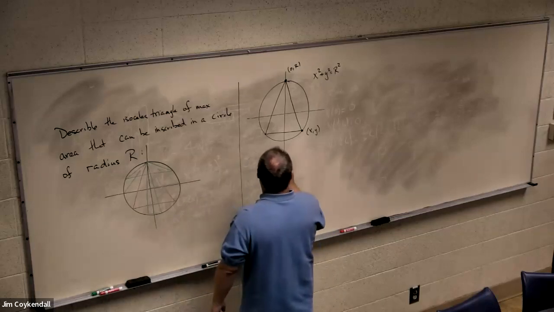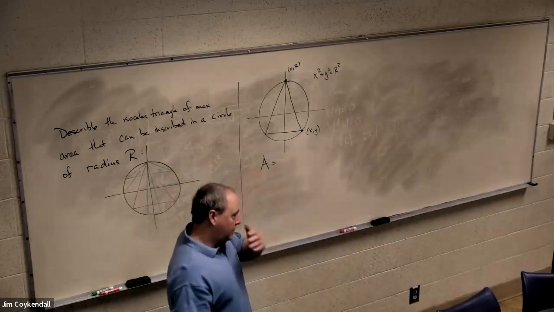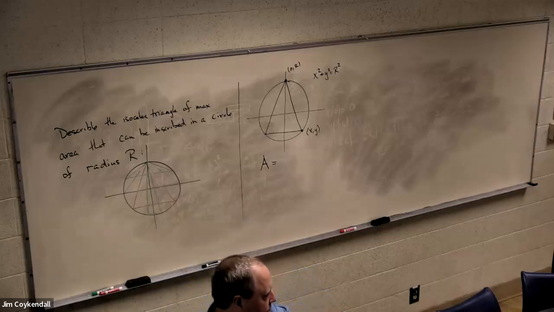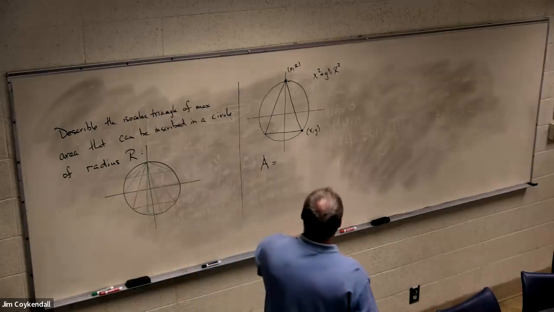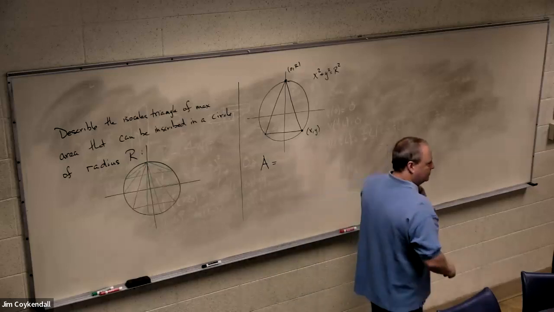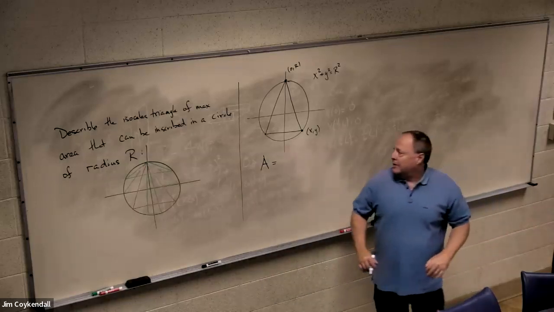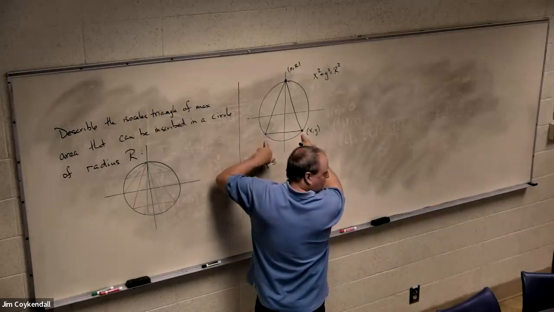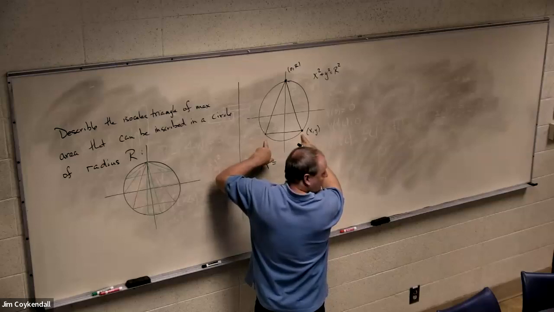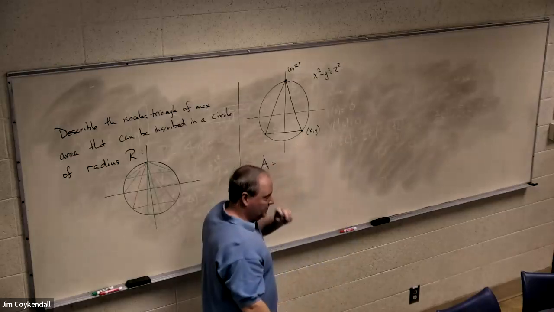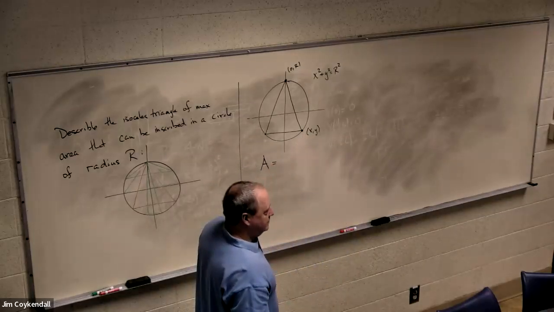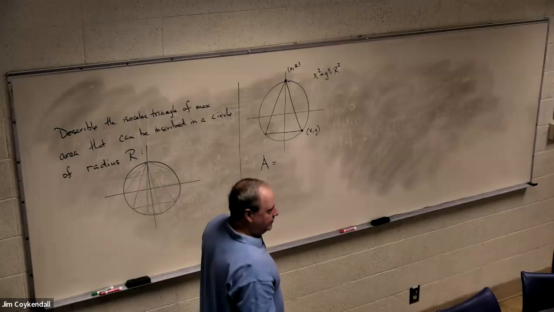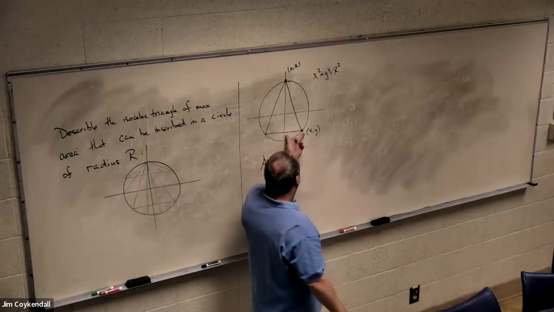And somebody give me a formula for the area of that triangle. Okay, it's 1/2 base times height. I'm going to call this the base. 1/2 of that base, in terms of what I've got labeled on here, this distance from here to here is just the x coordinate, right?